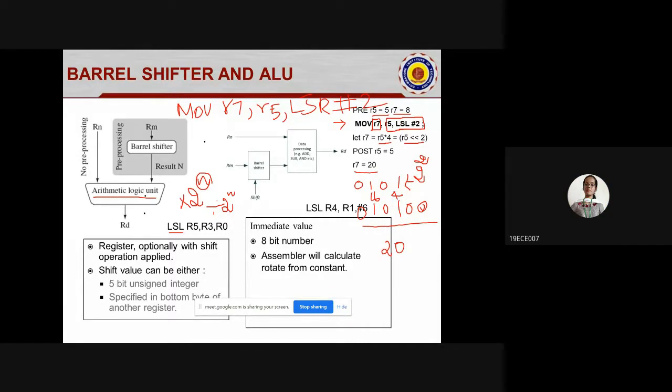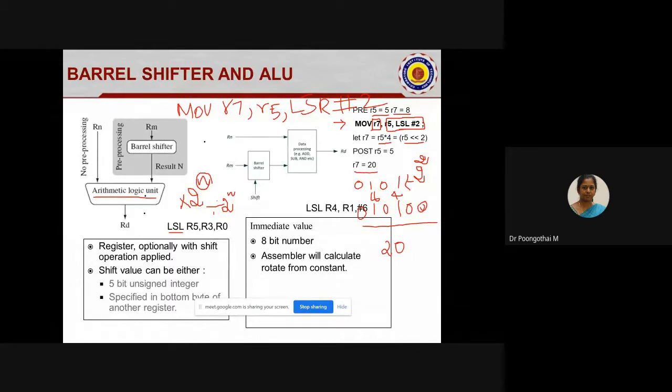Ma'am, I have a doubt. In the example, we're using LSL before the number of shifts, but in the syntax, it's different. See, in ARM Cortex, for any instruction we can incorporate this LSL. That is the importance of this shifting instruction. We can include this LSL in move instructions, arithmetic instructions, and logical instructions.